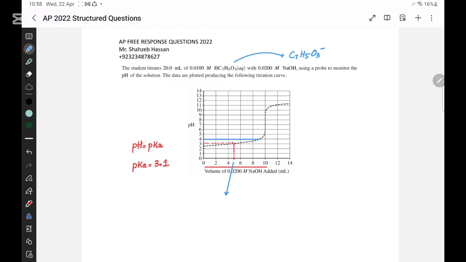So at half equivalence point, what is happening? Equal amount of HC7H5O3 is equal to the concentration of C7H5O3 minus. So it is this point where the half quantity has been used.